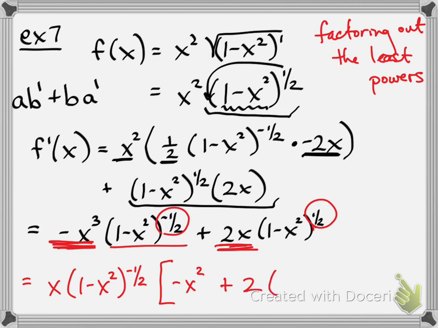And let's see, when we factor it's like dividing. So when we divide out the negative 1/2, it's like we had a 1/2 and we're dividing it out. So when we divide we subtract. So I would have 1 minus x squared to the 2/2 or just to the 1 power.